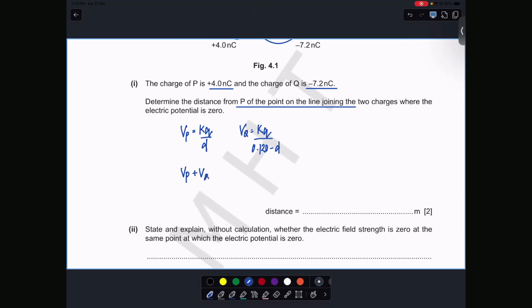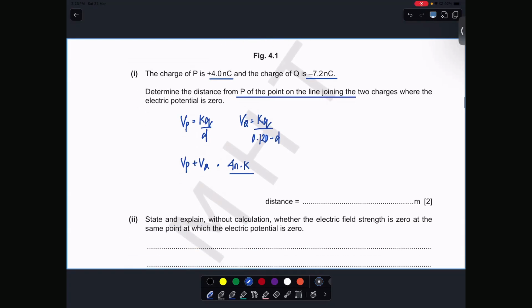But you'll notice that VP ta hocche 4 nanocoulomb into K divided by the distance is going to be X, right? Plus, eta naturally minus hoye jabe because the charge is what? Minus. So -7 nanocoulomb into K divided by 0.120 minus X equal to what? 0, right?